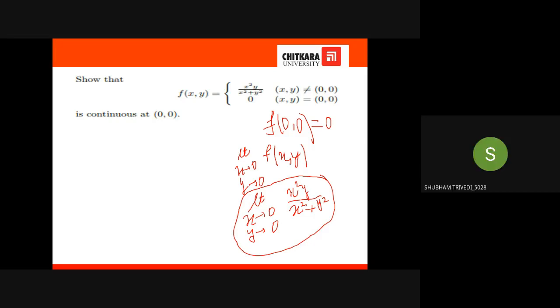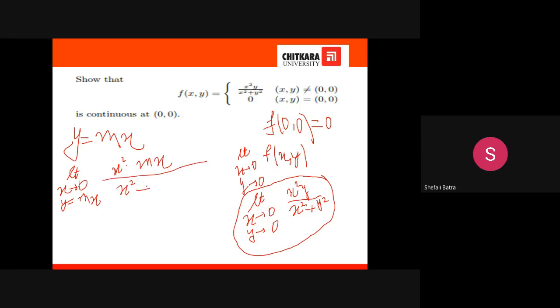Ma'am, it exists. You have checked along every path, beta? Or Ma'am, y equal to mx also. Okay. Y is equal to mx. If I'm putting y is equal to mx, so it becomes limit x approaches 0, where I'm taking y is equal to mx. So it becomes x square into mx upon x square plus m square into x square, right?